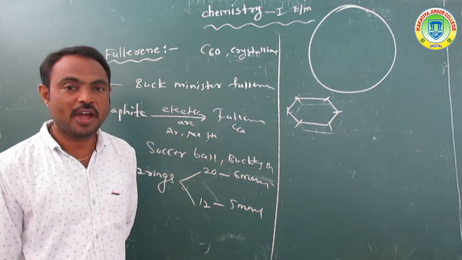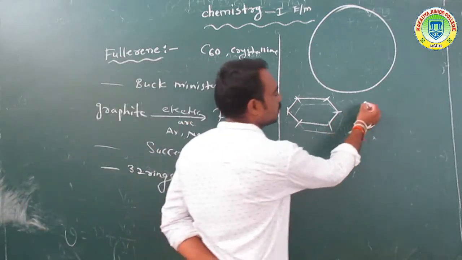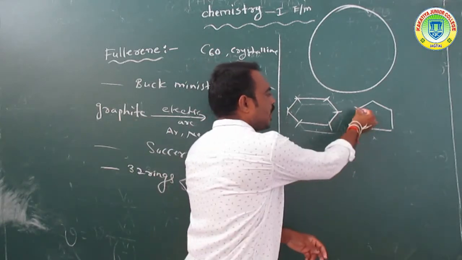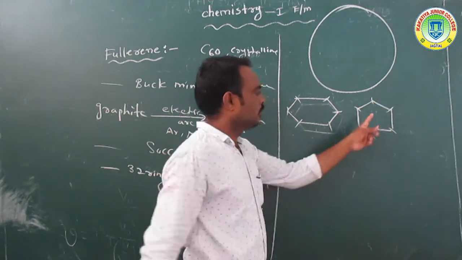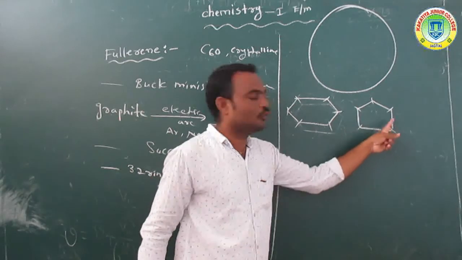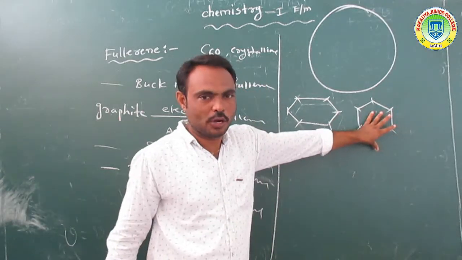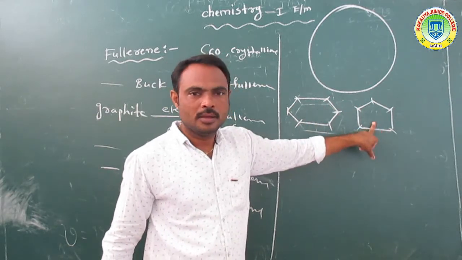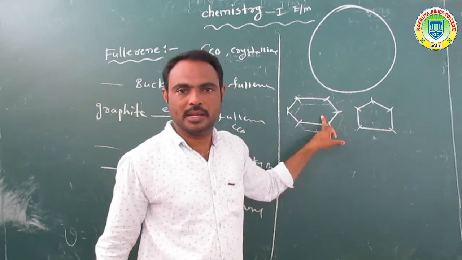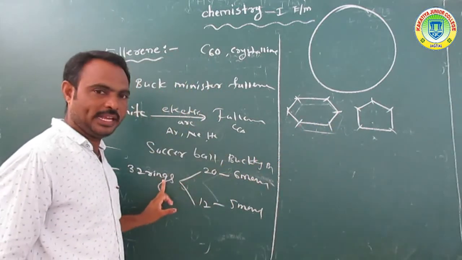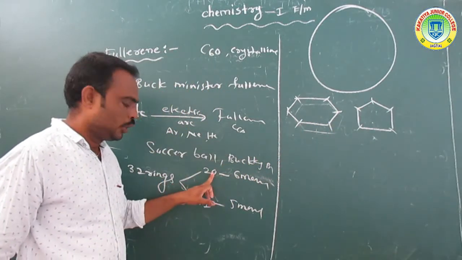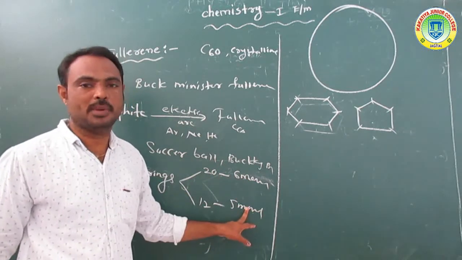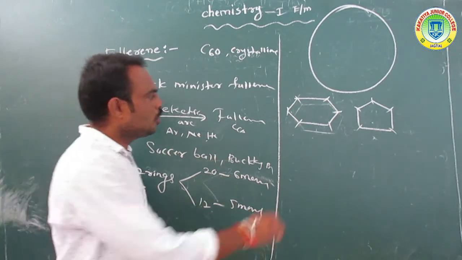Suppose it is a 5-member ring: 1, 2, 3, 4, 5. It is a pentagonal shape, and the other is a hexagonal shape. So it is a 5-member ring, and it is a 6-member ring. Total rings, how many? 32 rings: 20 six-member rings and 12 five-member rings.